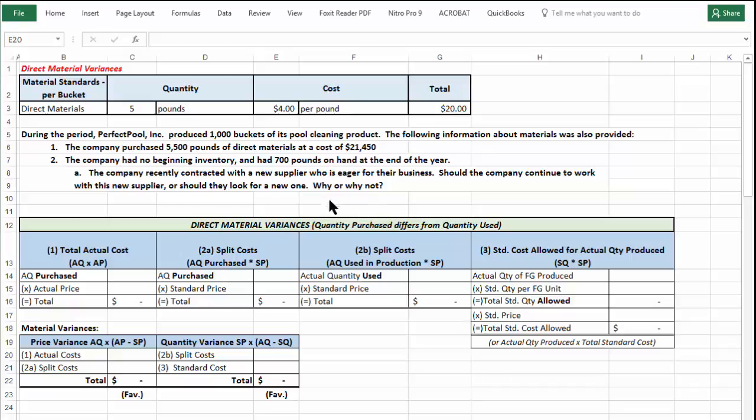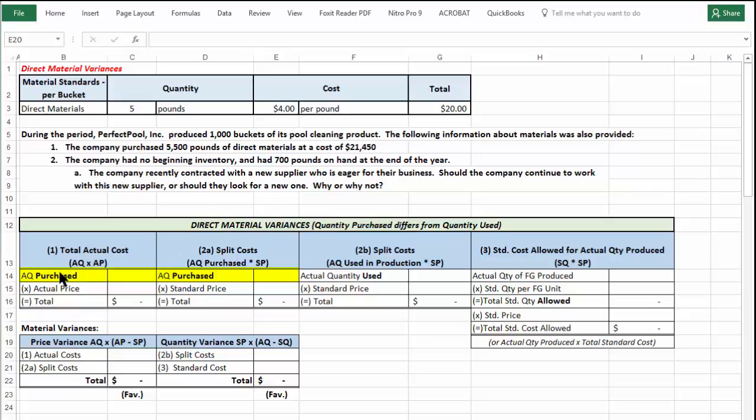The direct materials price variance is calculated using actual quantities of materials purchased. The reason for this is that we're hoping to keep the purchasing manager responsible for how well he purchases materials, whether he spends more than he should or gets a good deal on materials.